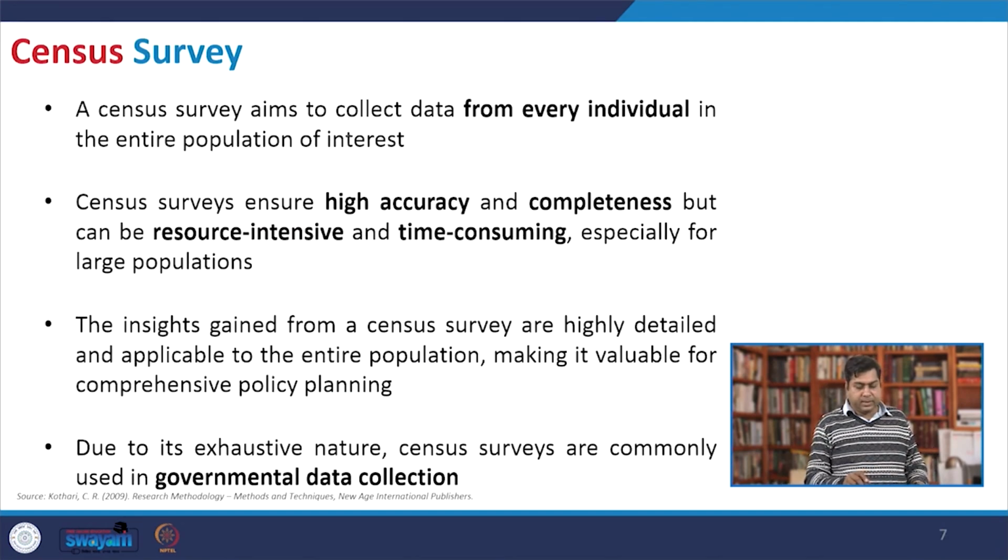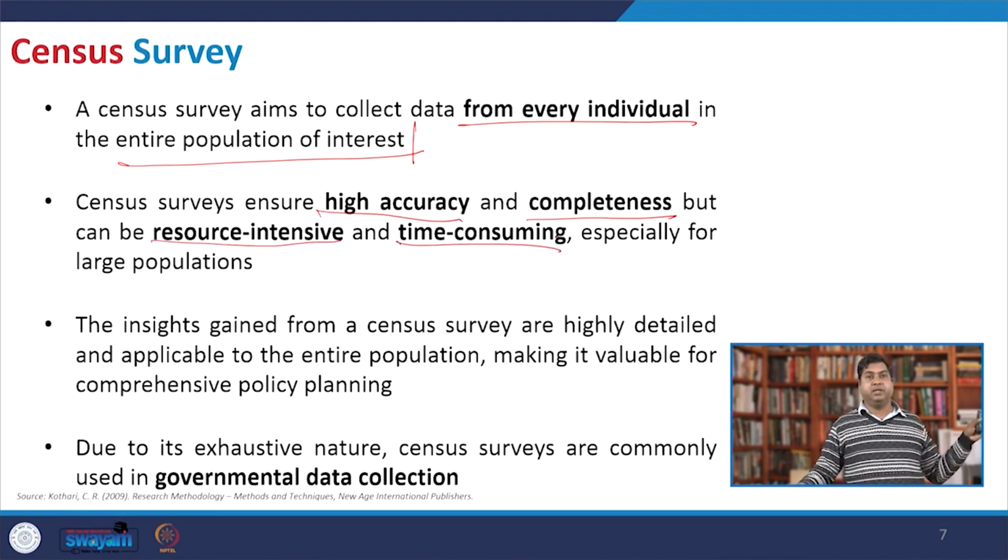Census survey: a census survey aims to collect data from every individual in the entire population of interest. Census surveys ensure high accuracy and completeness, but can be resource intensive and time consuming, because you cover each and everybody. Suppose you just want to do an experiment for a particular class to understand their behavior towards the education system.